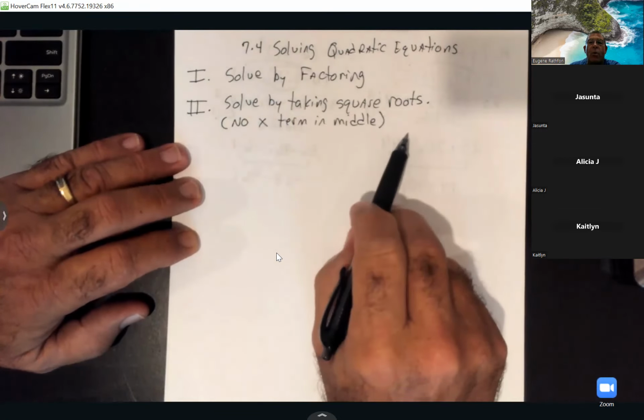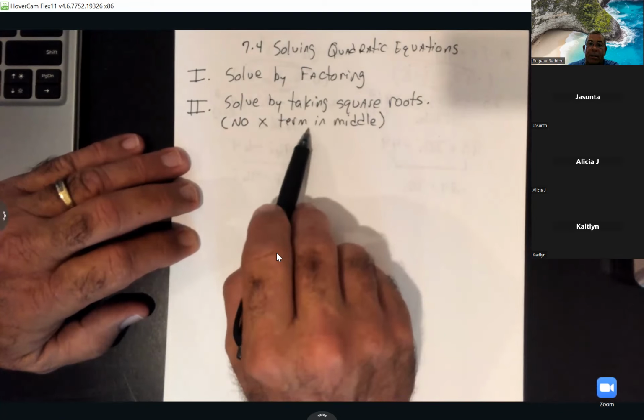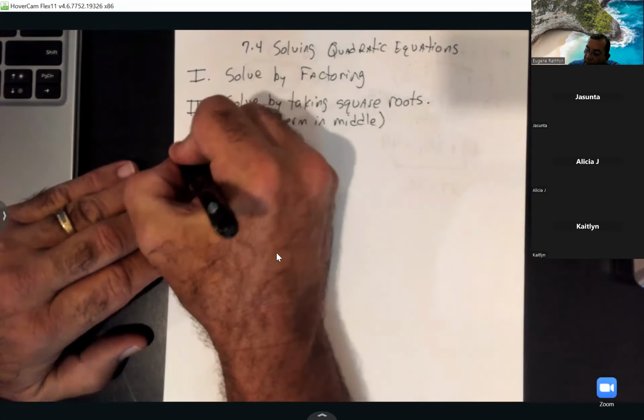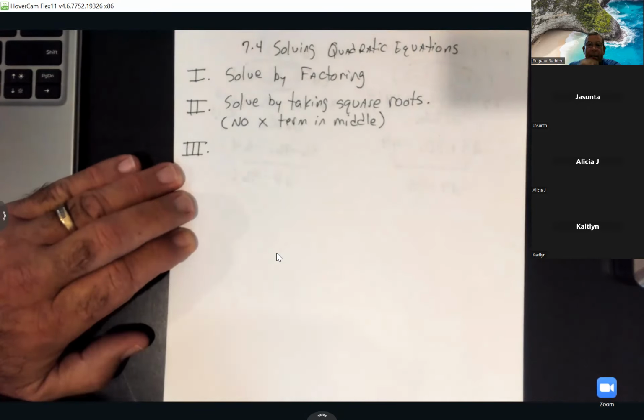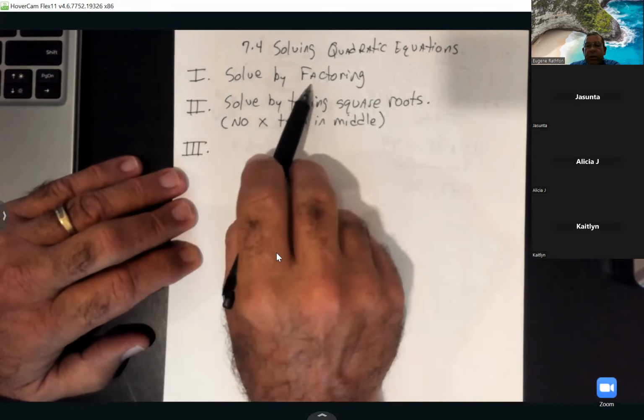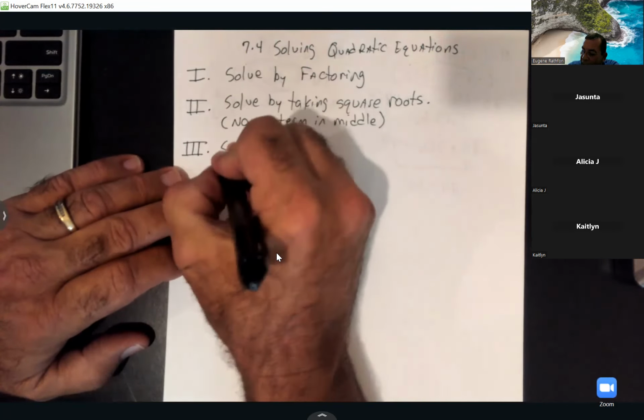That means you'll have the x squared term and a number, but you won't have an x term in the middle on these, okay? The third way I'll solve these, or the ones that I cannot solve by factoring, I will solve by the quadratic formula.